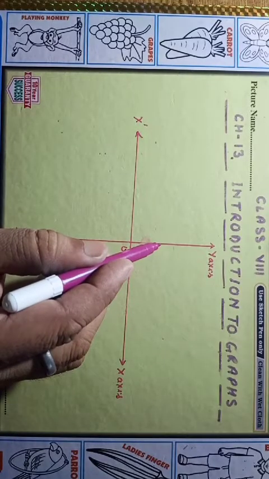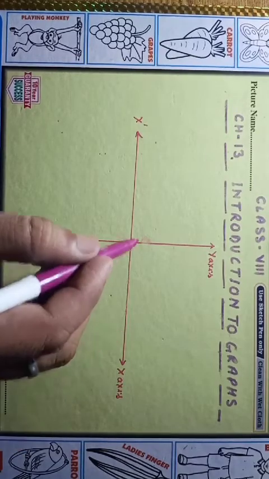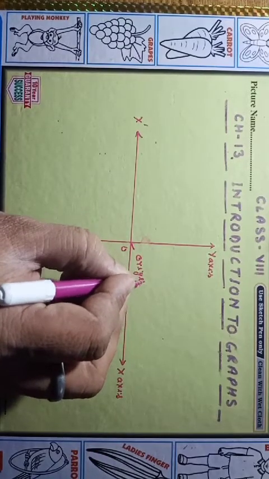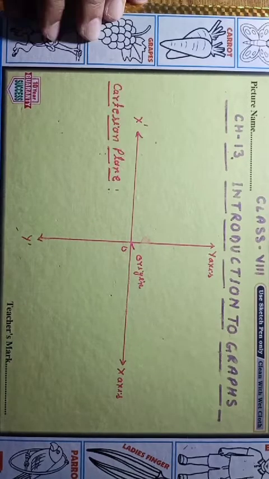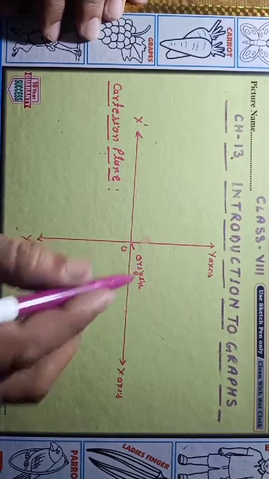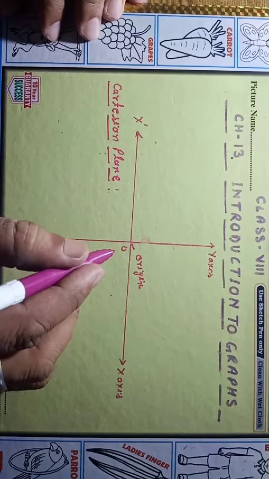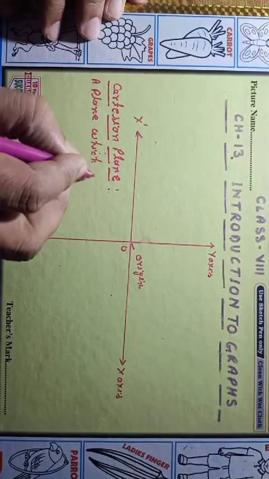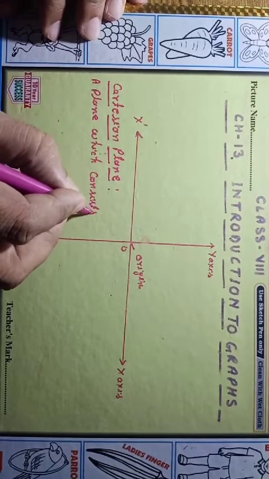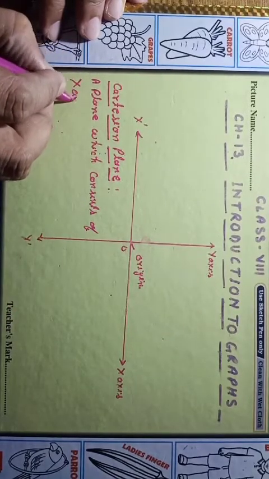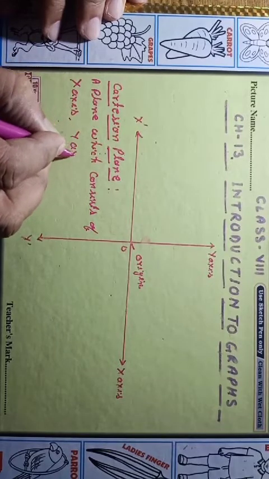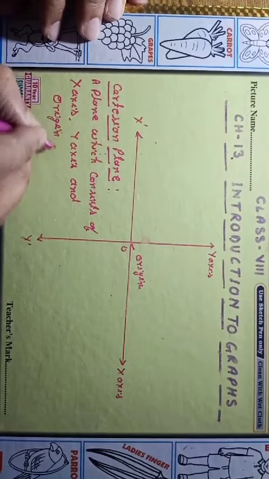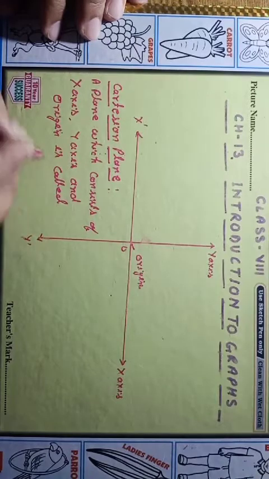This vertical line is called y-axis, the horizontal line is called x-axis, and where both lines intersect, this point is called origin.